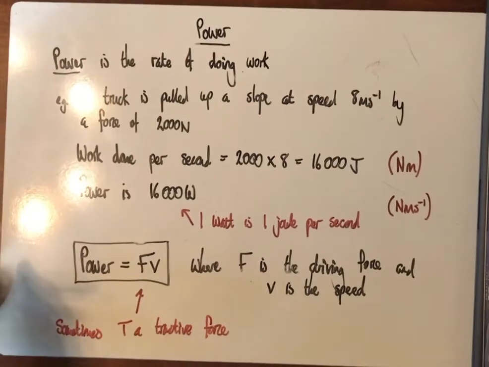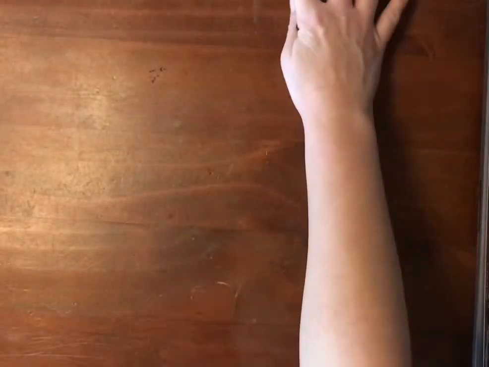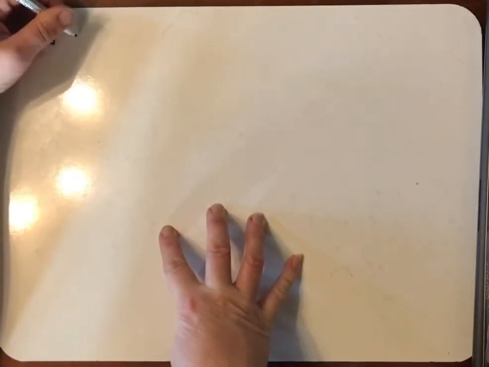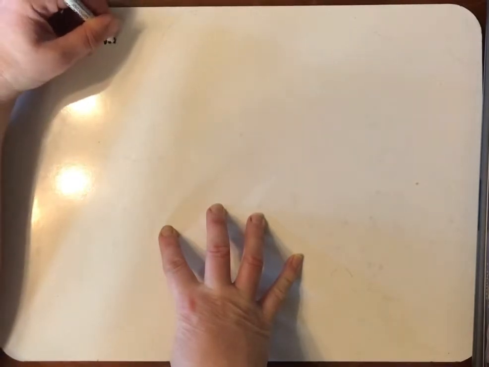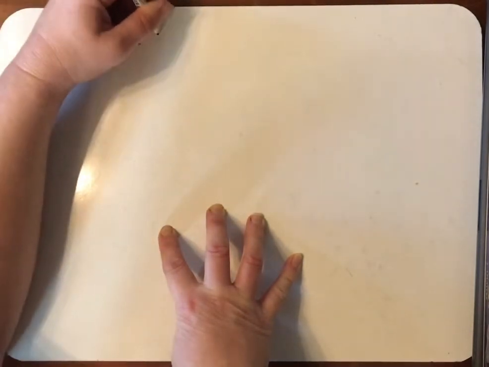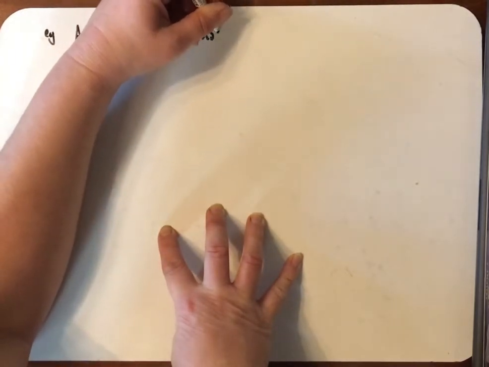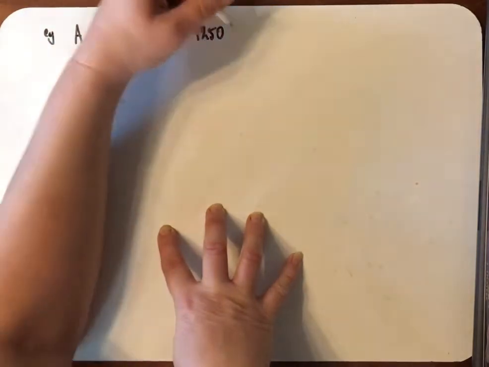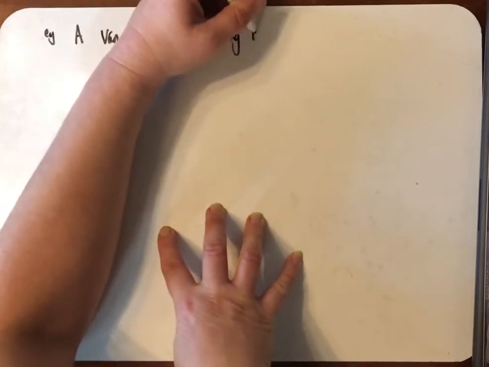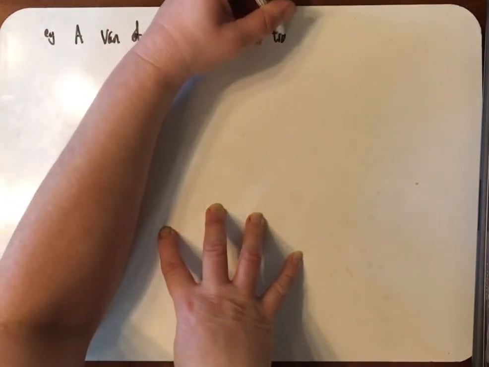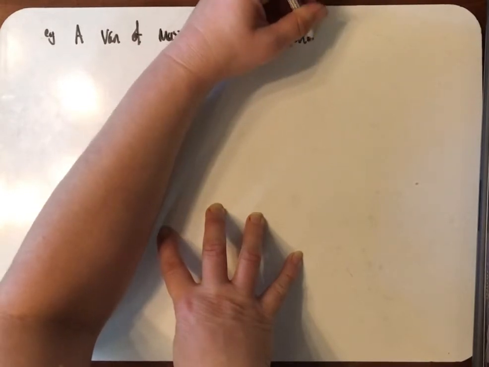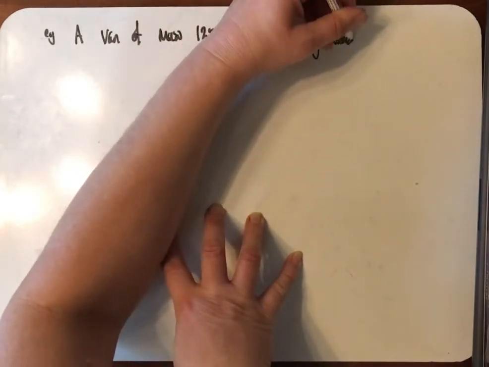So looking at a different example, let's switch that slide up. So a van of mass 1,250 kilograms is travelling along a horizontal road.